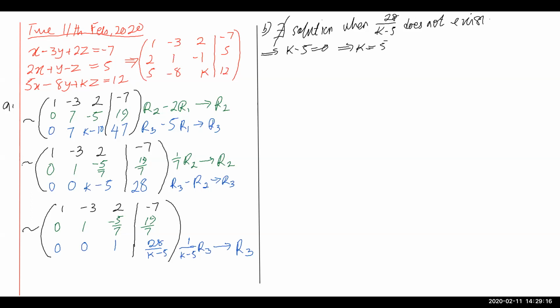So that is that value for which there is no solution. Okay? Then it says when k is equal to 5, there is no solution. Now, C, show that for other values of k, there exists a unique solution, and write the solution in terms of k.